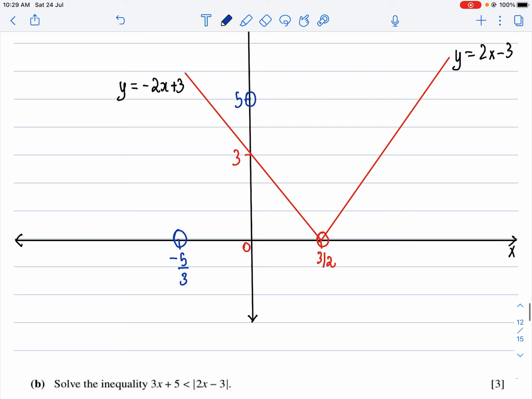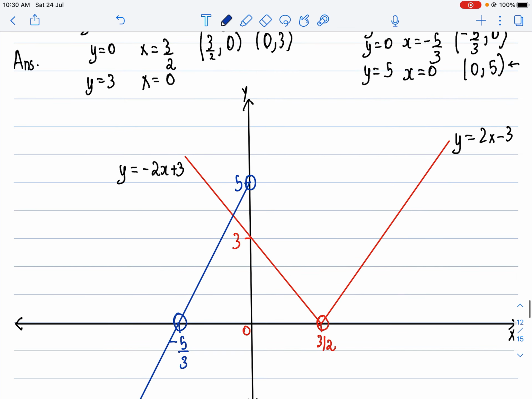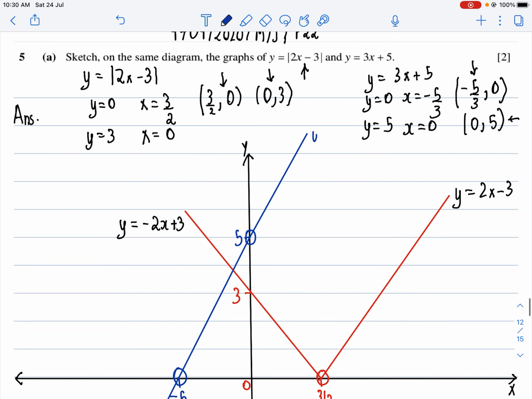And this is basically a linear graph. So first I'll make something like this, then I can make this and then this. And the graph will simply be y equals 3x plus 5. This is what I simply get.